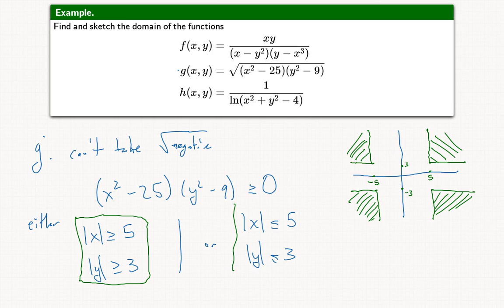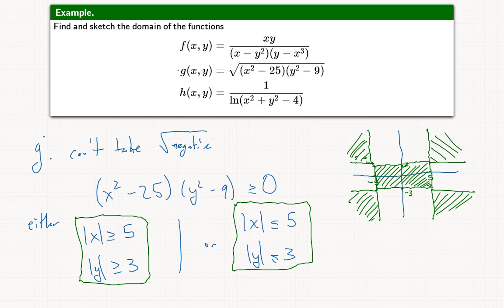Then the second region, absolute value of x less than or equal to 5, and absolute value of y less than or equal to 3, will be this region. So the domain is the union of all of these green parts.